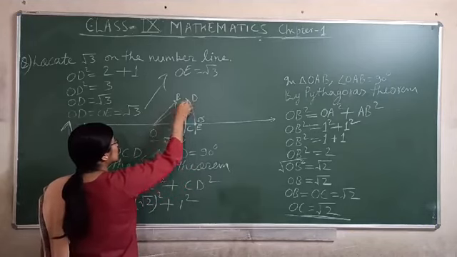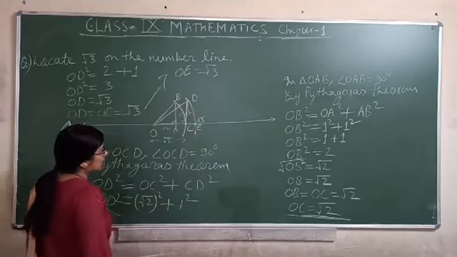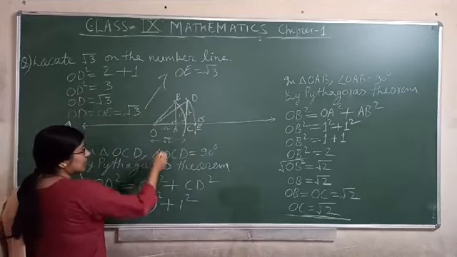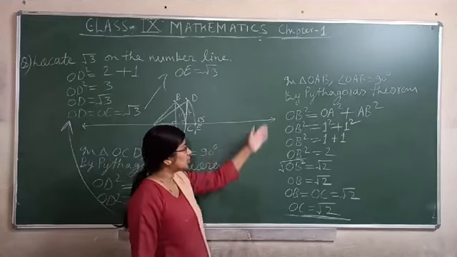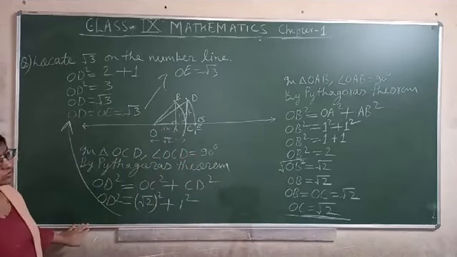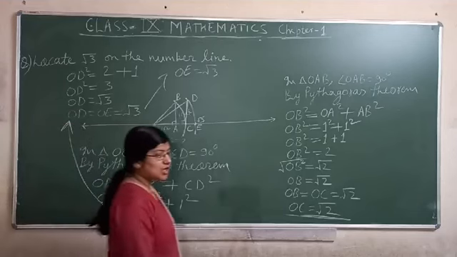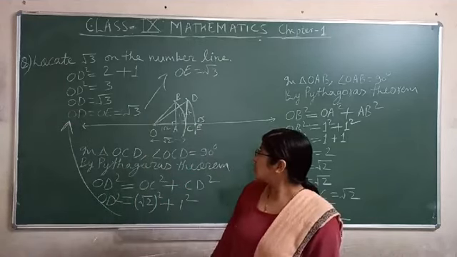Then join this to this and draw an arc. First you will draw the figure, and with this figure you have to do this one also. Okay. So in the same way you will also draw root 3.